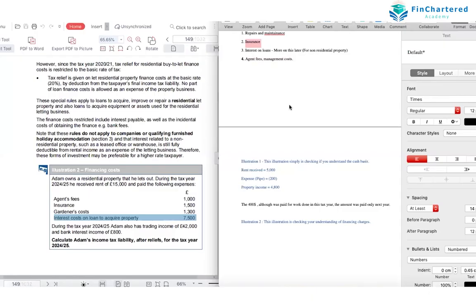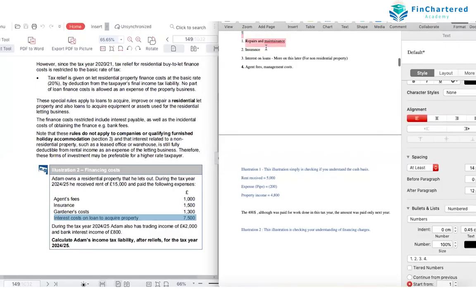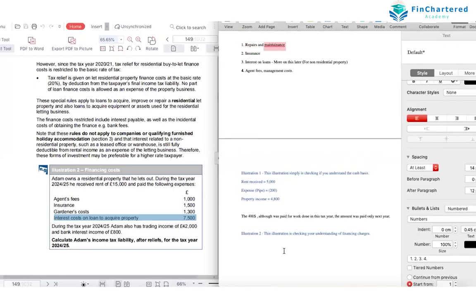Because without the gardener, there'll be big trees growing suddenly over there. So gardener, 1,300. Maintenance, it will fall in the maintenance category.